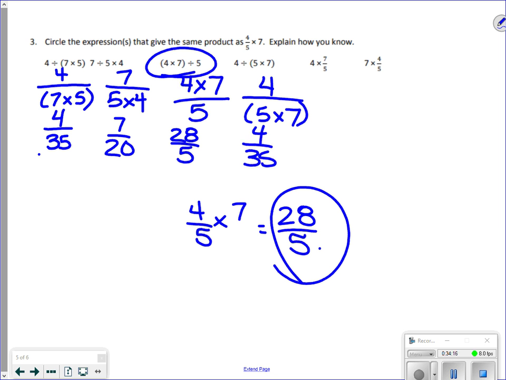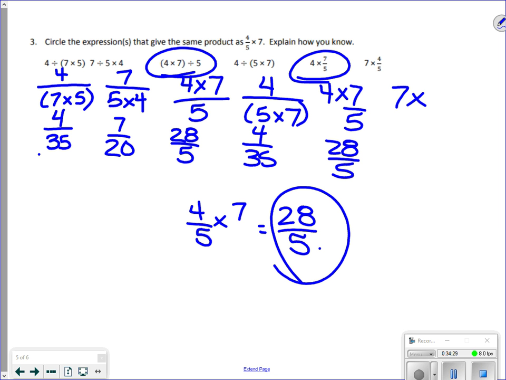Is this one it? No. 4 times 7/5. Will this one give me 28/5? Yes. 7 times 4/5. Will this give me 28/5? Yes, it will.